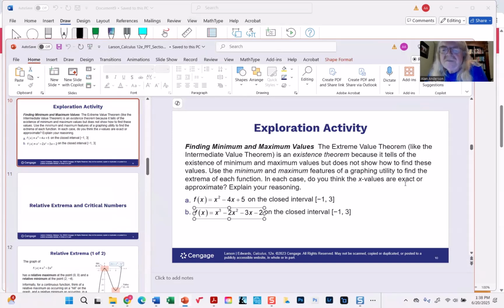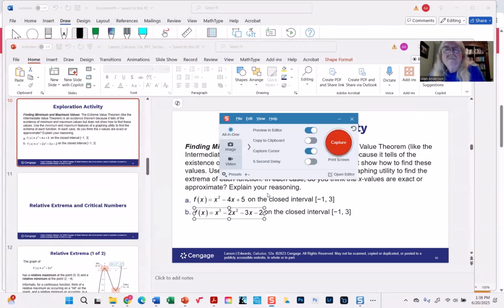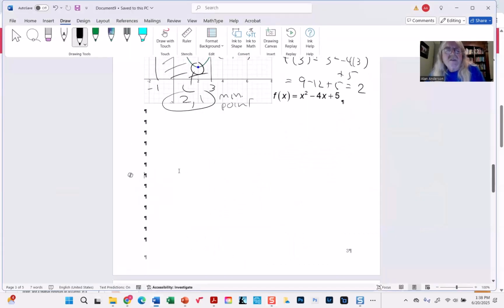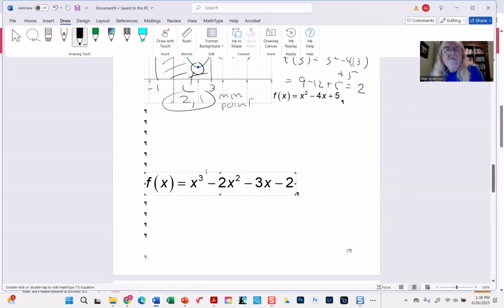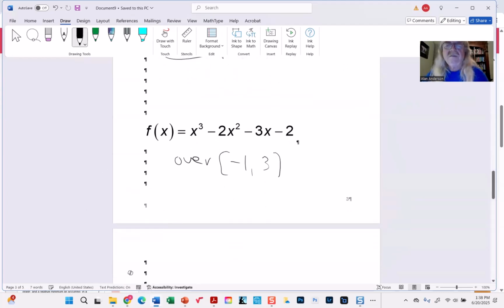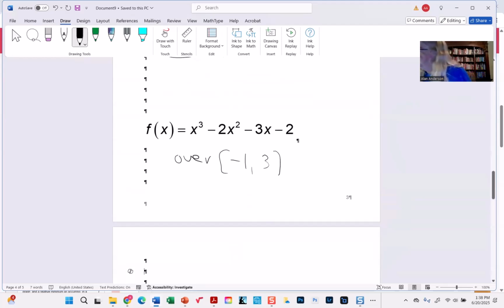Same one, same interval, but a different function. So this one is a cubic function, so it's going to behave very differently. Same interval. All right. So let's just quickly evaluate it at those 2 points before we get the graph.